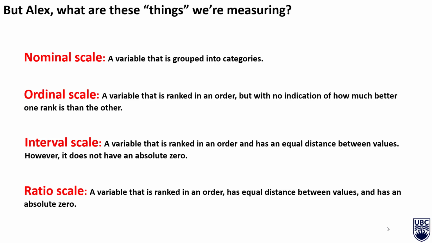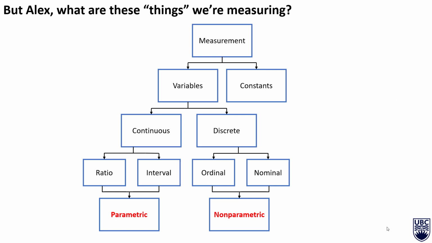So usually when we're talking about quantitative statistics, we'll be using all of these different scales. But when we're talking about our variables that we're measuring and that we're interested in, we want to make sure that we're using either interval or ratio scale variables. And the reason for that is because when we do statistics, we have two types of statistics that we can run. So either non-parametric or parametric statistics.